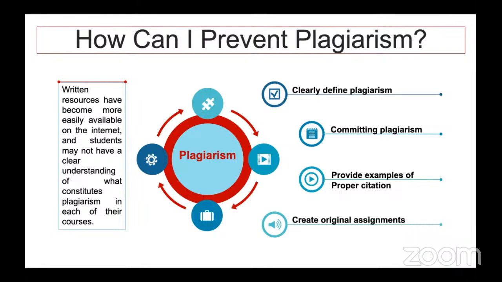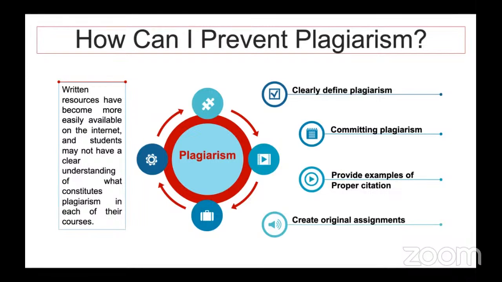Written resources have become more easily available on the internet. We already know that, and students may not have a clear understanding of what constitutes plagiarism in each of their courses. So you have to tell them what kind of punishments they can receive for committing plagiarism, and you can provide examples of proper citation, how a student can cite other works in their assignments.